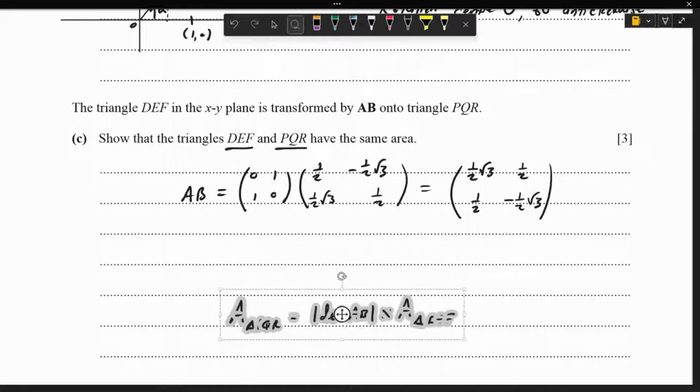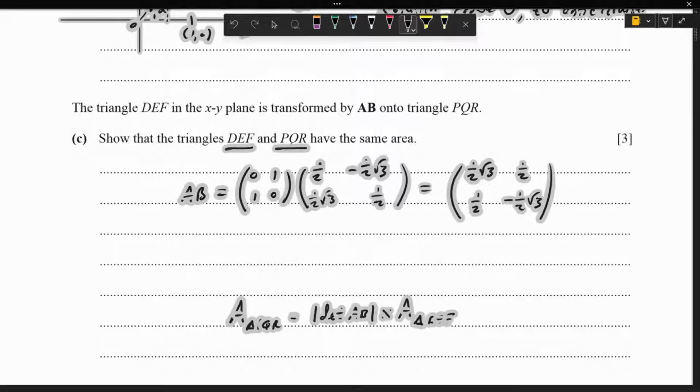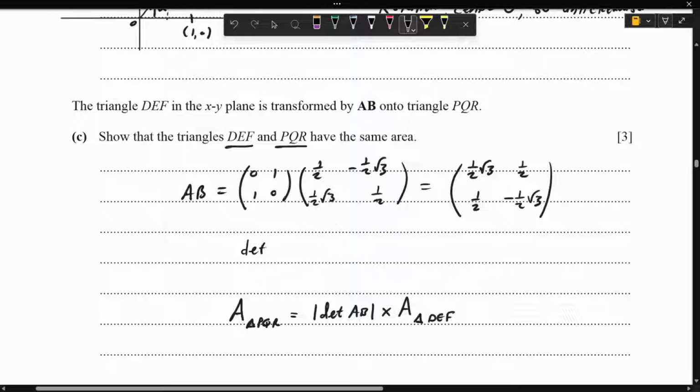So I'll move this down a little. The determinant of AB is the product of these two, which is minus 3 over 4, minus the product of these two, which is a quarter. And this gives us minus 1.